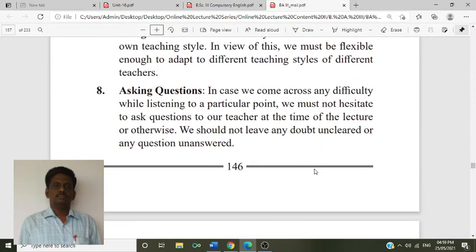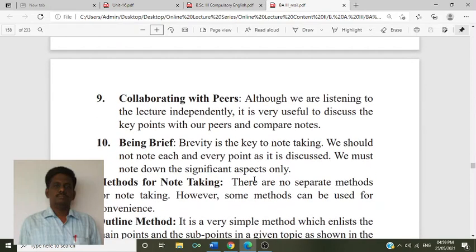Asking questions: the session should be interactive, we should ask questions and clarifications. Then collaborating with peers, we should compare the notes of others and try to make them perfect. And the last point we discussed is being brief. So we should be brief in note taking. This is what we learned in the last session, and in this session we also discussed certain new points.